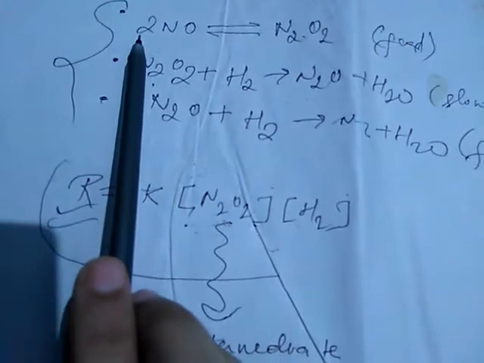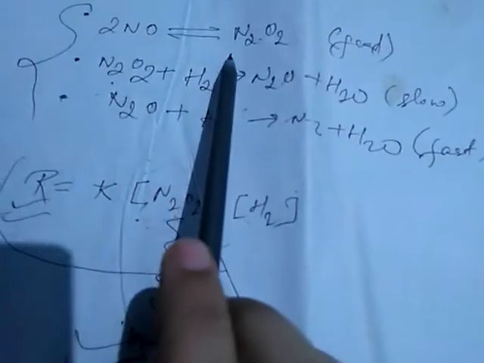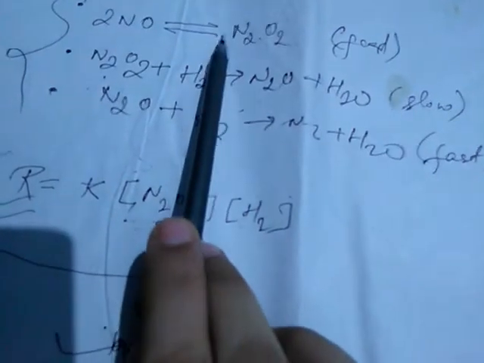This 2 comes from here, and another R is equal to K backward, and for the backward reaction this would be taken as the reactant N2O2, and the power which will represent 1. This is first, this is second, both will be equal.